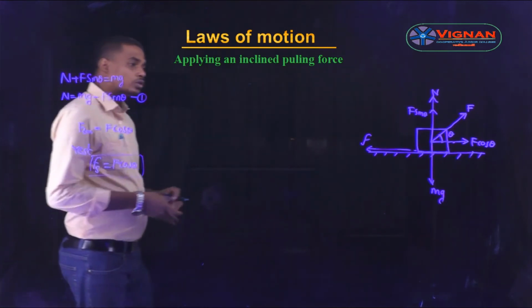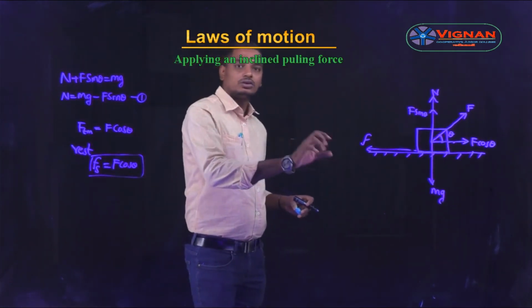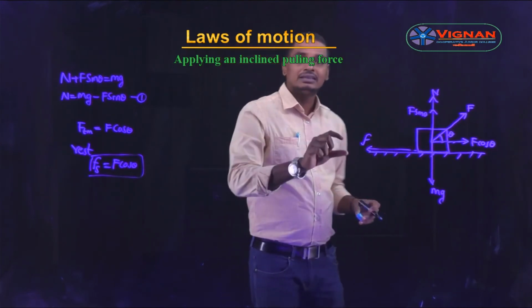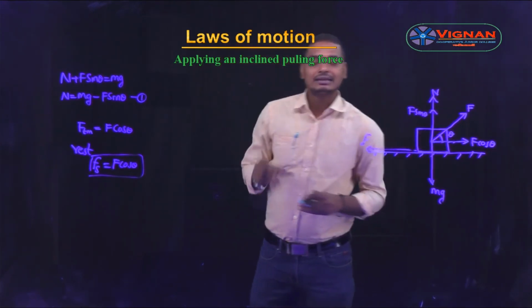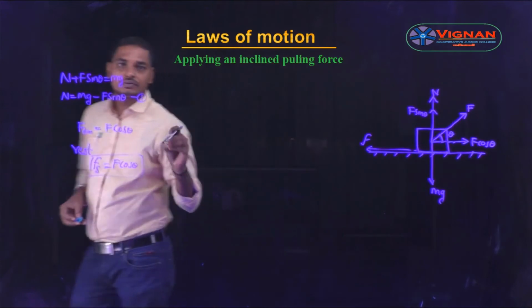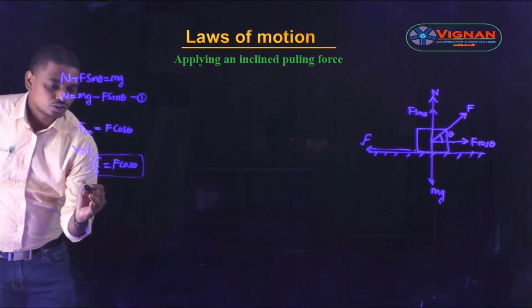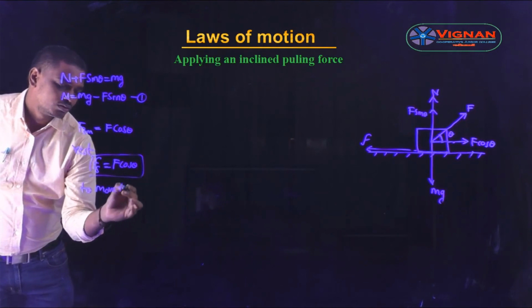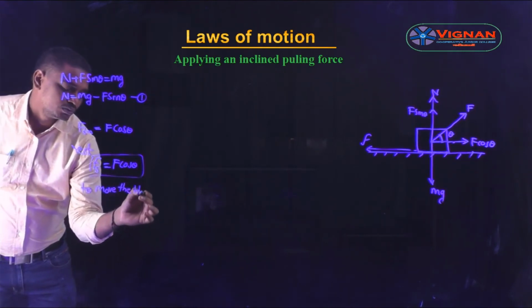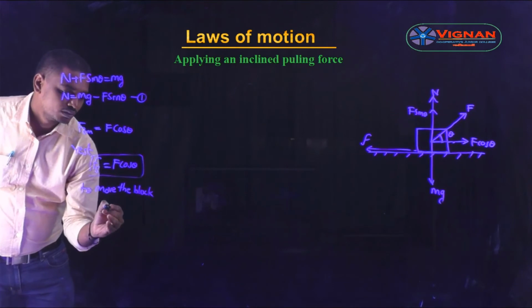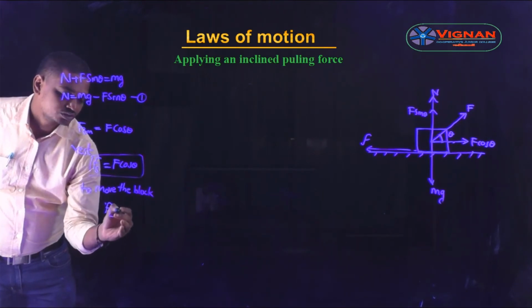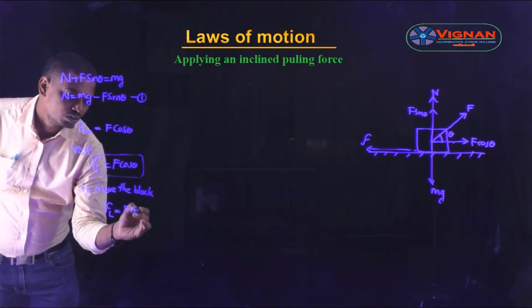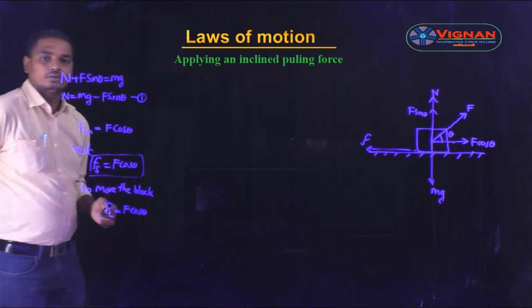Now to move this block, F cos theta should be greater than the limiting friction. At least the limiting friction is to be applied. So to move the block, the limiting frictional force should be applied. Fl is equal to F cos theta, right?